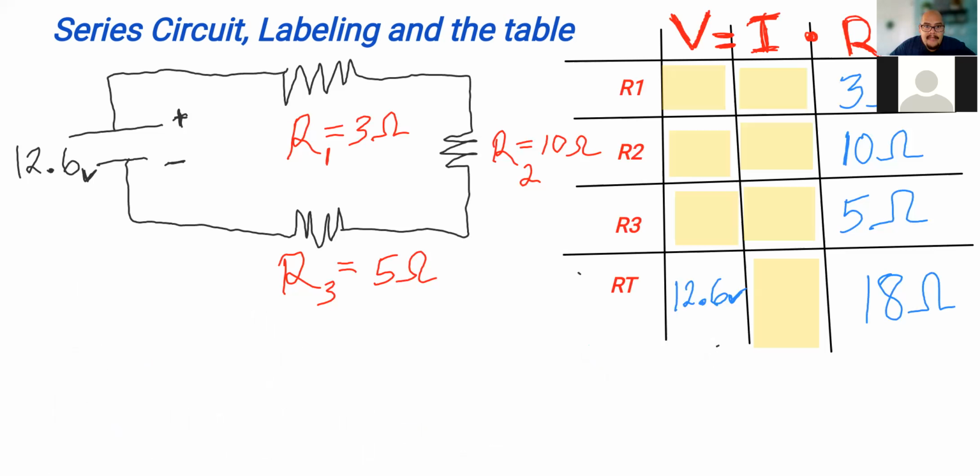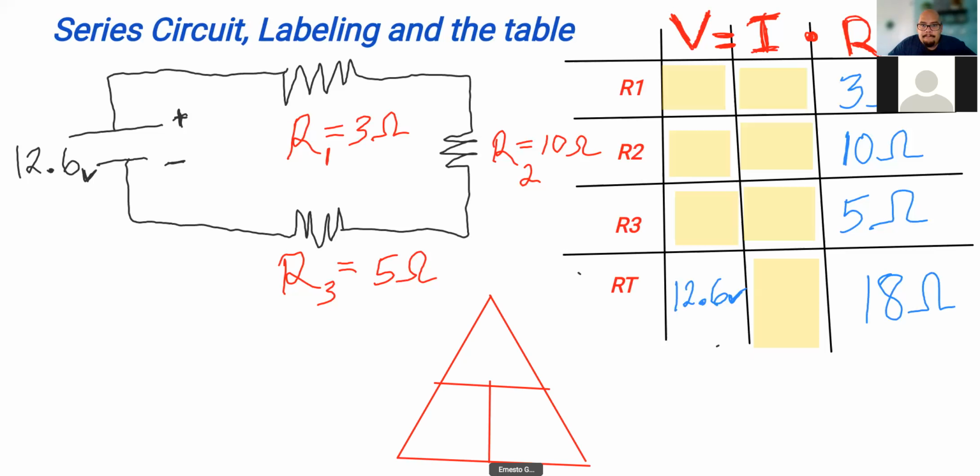So if I remember my trusty diagram from the video before, I said you use this triangle so we can remember the 3 parts of the formula of Ohm's law.